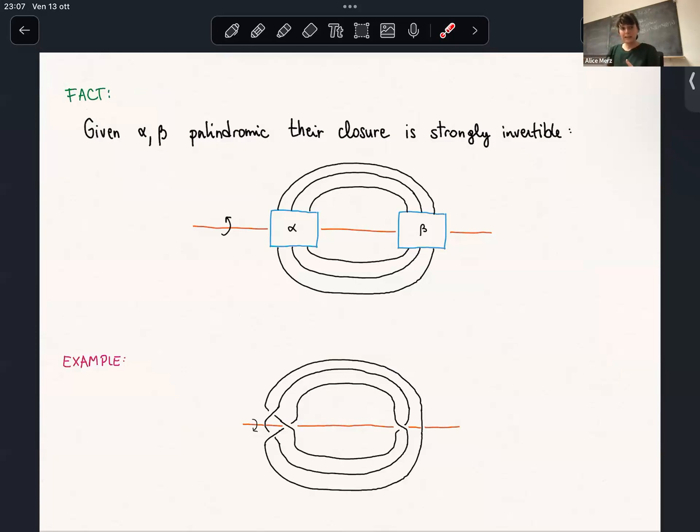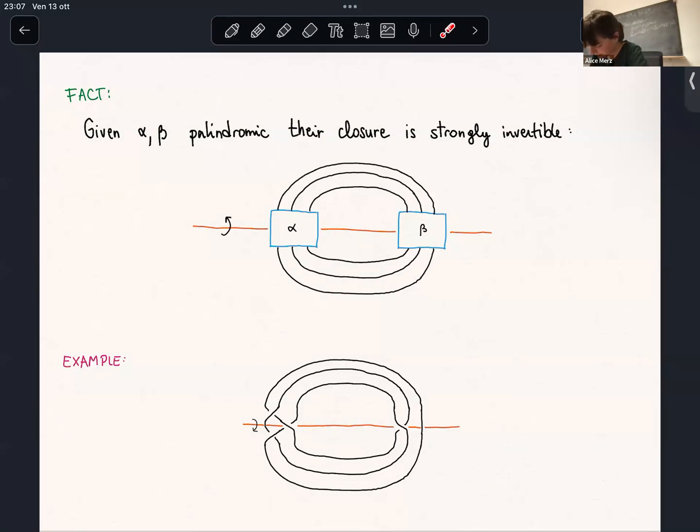When I have two palindromic braids, I can see that their closure is strongly invertible. In fact, if I put one here and one here, and then I close them in this very simple way, if I rotate 180 degrees, I obtain the same, so I can see that the link is fixed setwise, and it reverses the orientation.